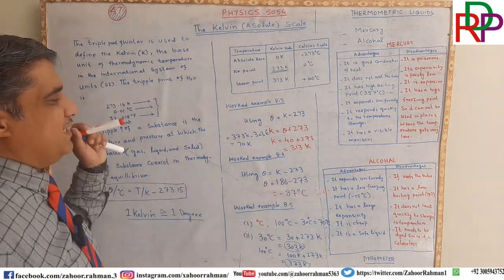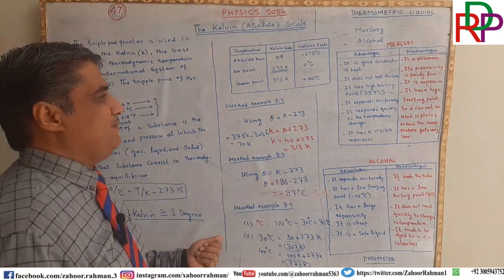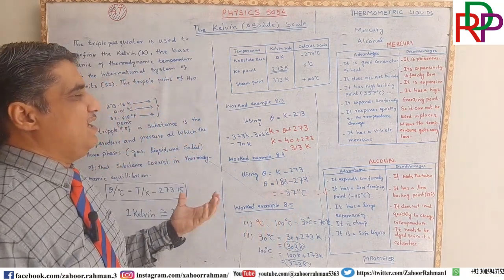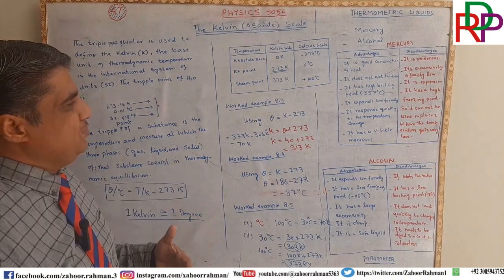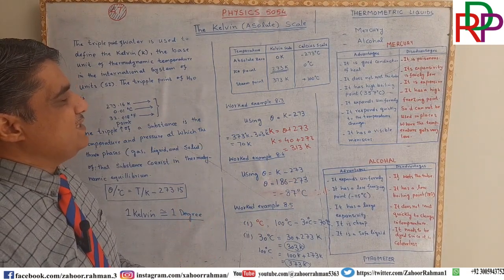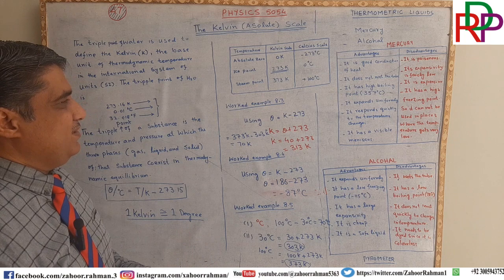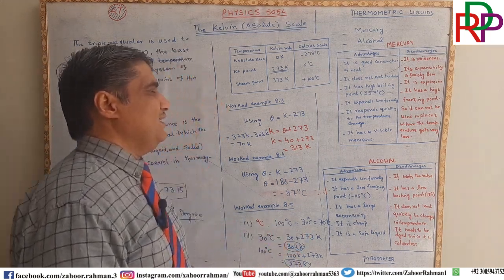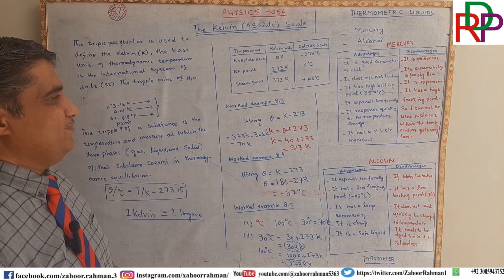I told you in one of my earlier lectures that mercury is very dangerous, and in a few countries of the world like the UK, we have special teams to come and collect that mercury from the floor.